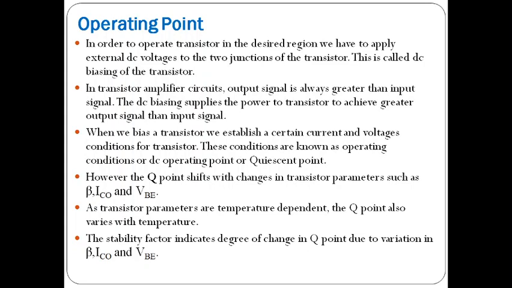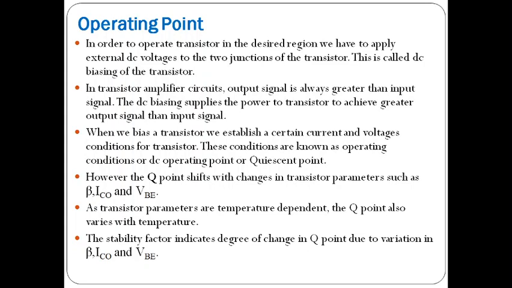These conditions are the operating conditions or DC operating point or quiescent point or Q point. However, the Q point shifts with changes in the transistor parameters such as beta, reverse saturation current, and VBE. These parameters are temperature dependent, so the Q point also varies with the temperature.